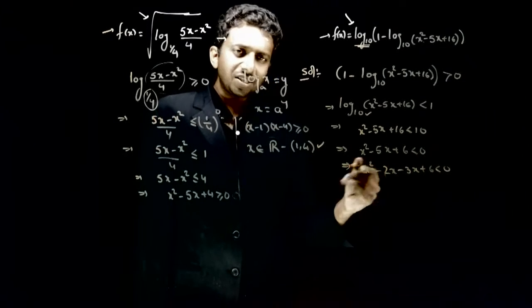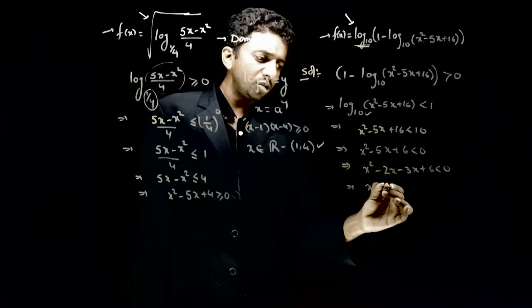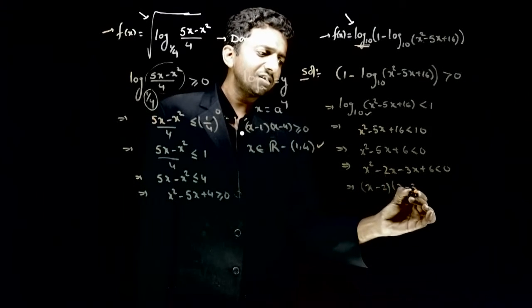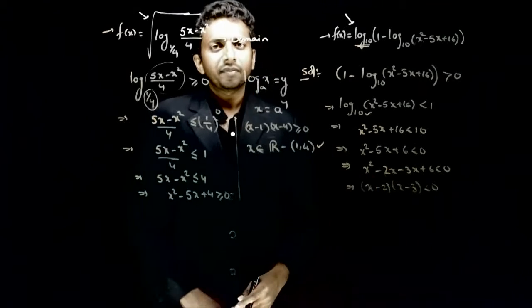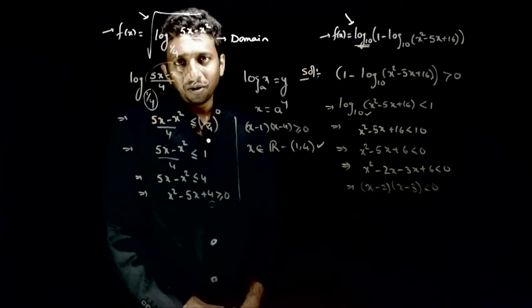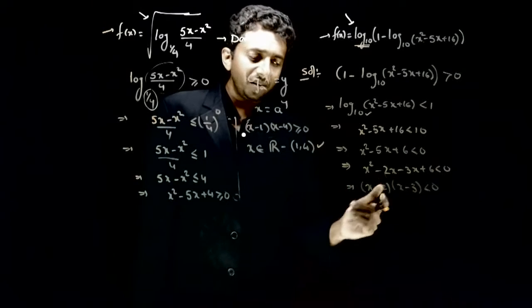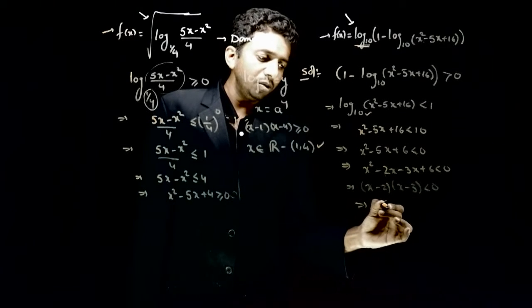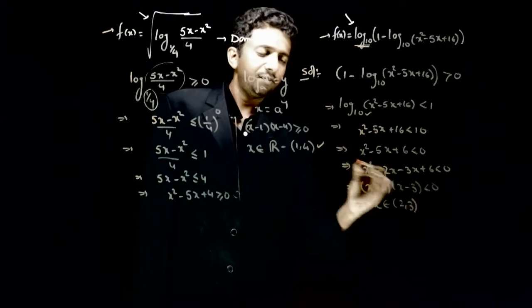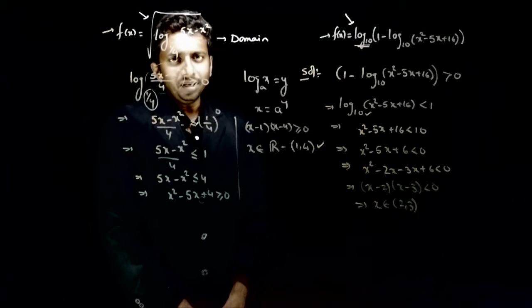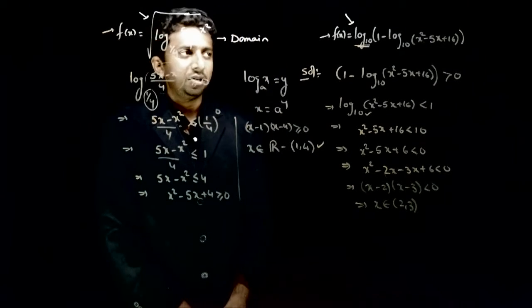So आप एक स्टेप खुद से कर लीजिए. You get x minus 2 into x minus 3 is less than 0. So quadratic expression less than 0 implies x lies between the roots. इसका roots are 2 and 3. So this implies x belongs to 2, 3. So x जो है वो 2 और 3 के बीच में होना चाहिए.